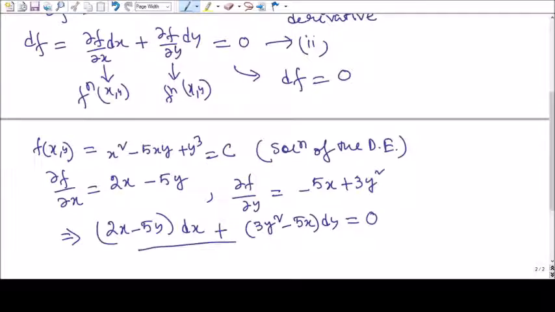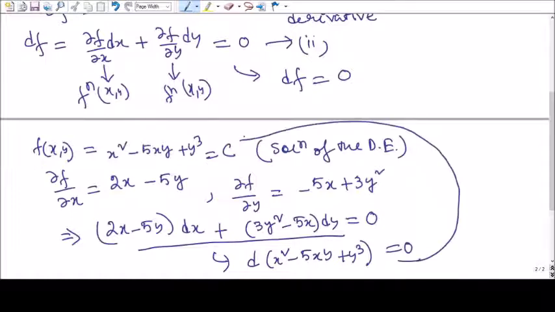You see here that del f del x is also a function of x and y, and del f del y is also a function of x and y. So the differential equation we get is said to be an exact differential equation, because we can write it as d of x square minus 5xy plus y cube equal to 0, and from this we can come to this solution.